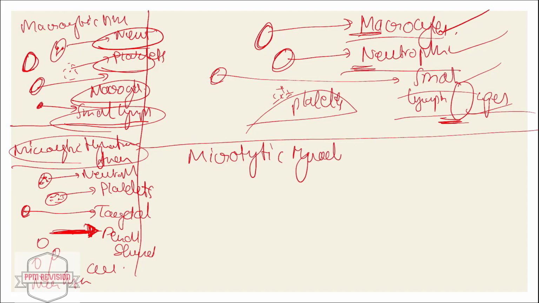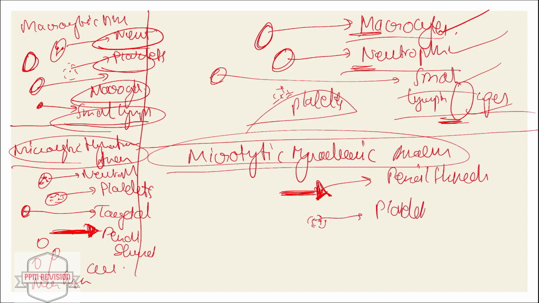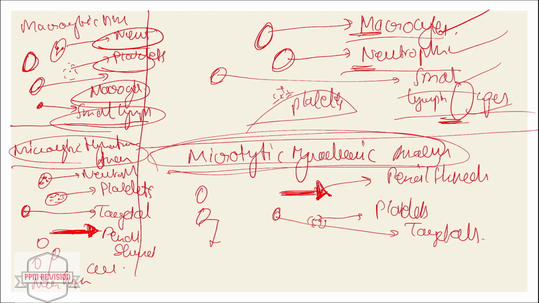So looking at microcytic hypochromic anemia, there are pencil shaped cells. You can draw an arrow and call it a pencil shaped cell. There's presence of platelets as well, and there's presence of target cell. There's presence of microcytic hypochromic RBCs, as mentioned in the heading.